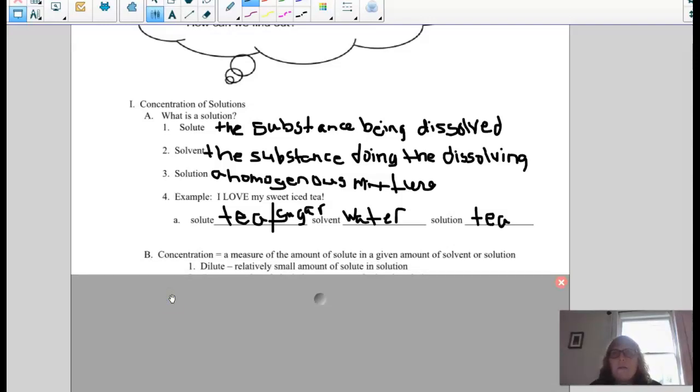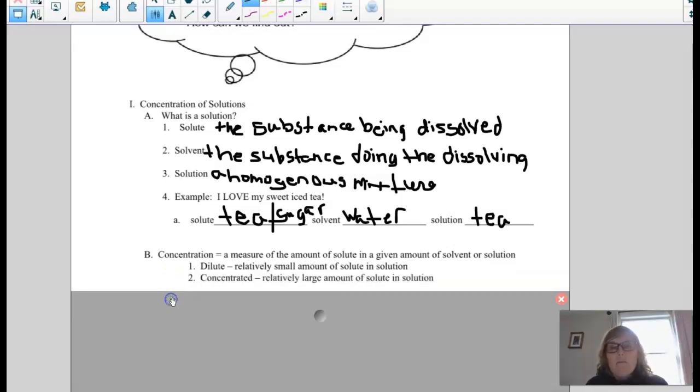You could do an experiment at home: take 3 glasses and fill them with the same volume of water, add 1 drop of food coloring in the first glass, 5 drops in the second glass, and 10 in the third glass. You'd be able to see that the third glass is way more concentrated because it has more food coloring per the same amount of liquid. Concentrated means it has a relatively large amount of solute.